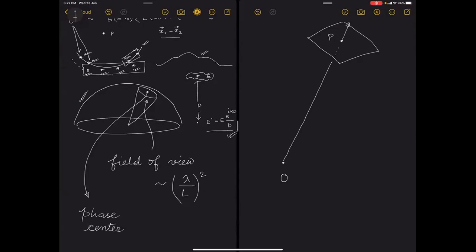For the time being, we also make another assumption, which is that all the radiation that we are talking about is coming from the inner surface of this hemisphere. It is not that there are several hemispheres with radiation coming from different layers.